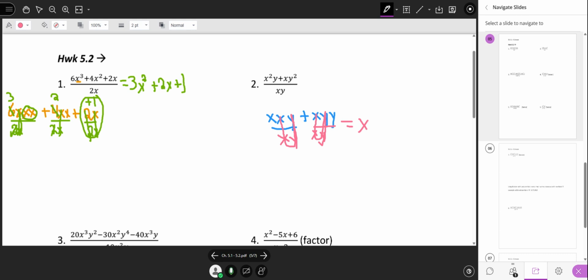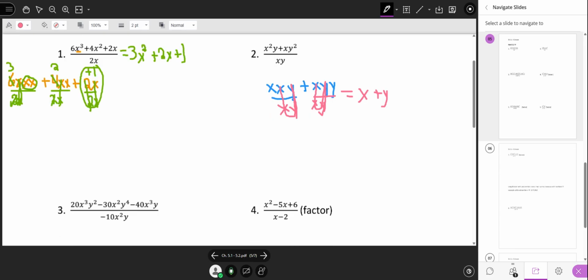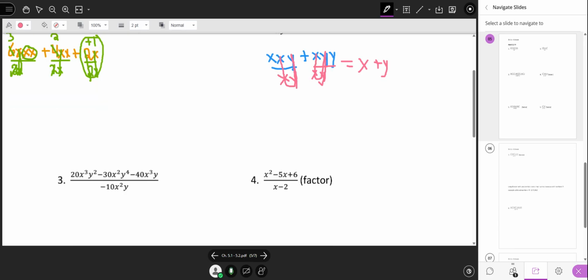That leaves x plus y. So numbers 1 and 2, not so bad.